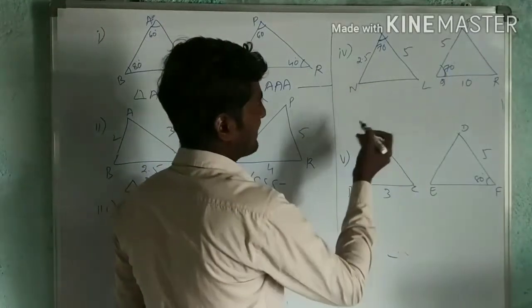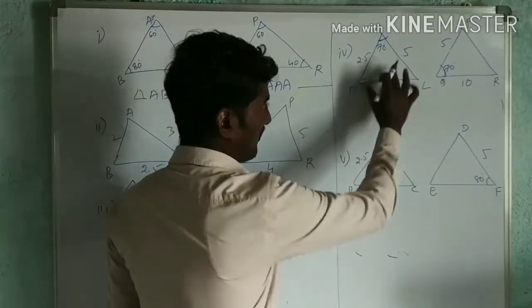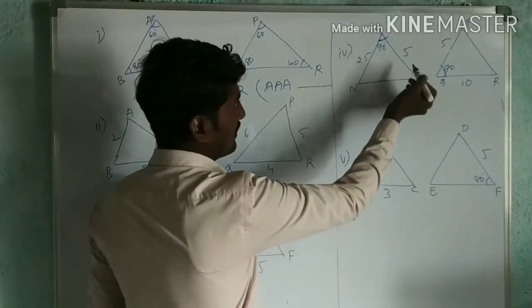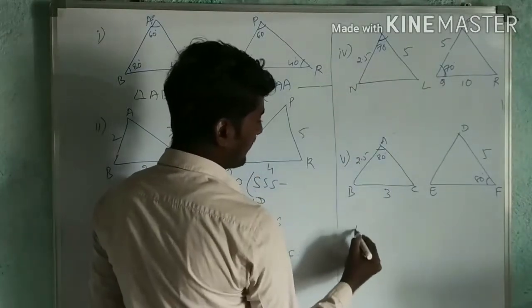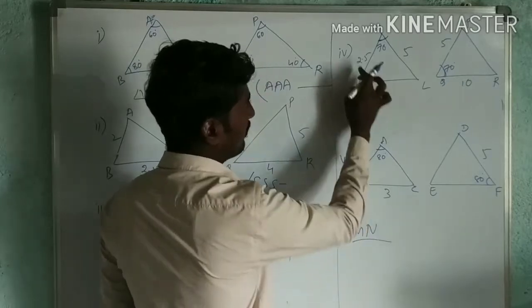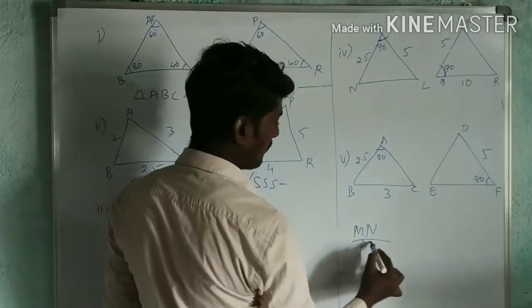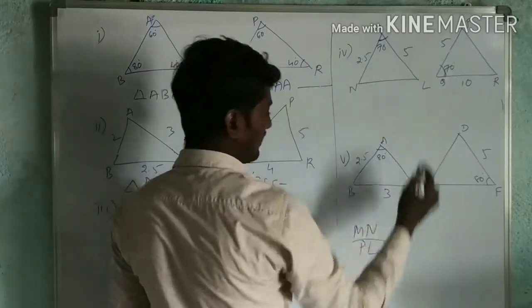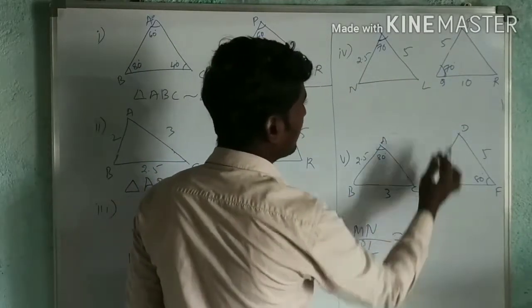So by using SAS, first I'll write again the ratio. SAS. MN divided by, for MN it is PQ. MN divided by PQ is equal to, another one is what? ML divided by QR.